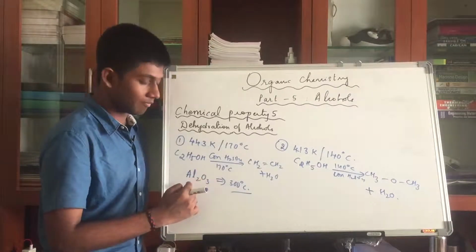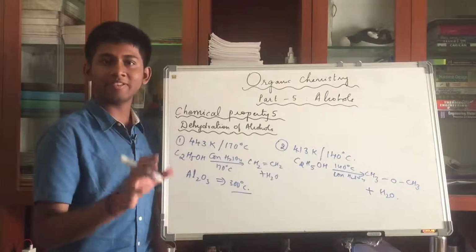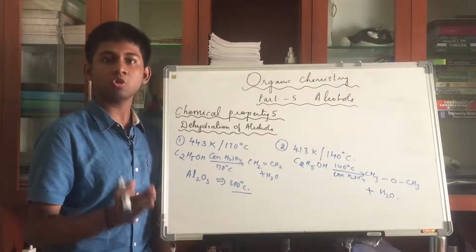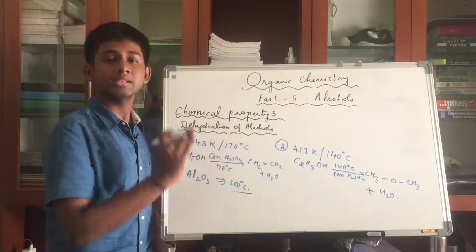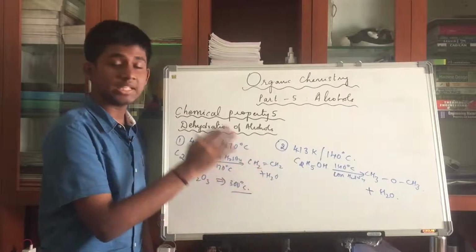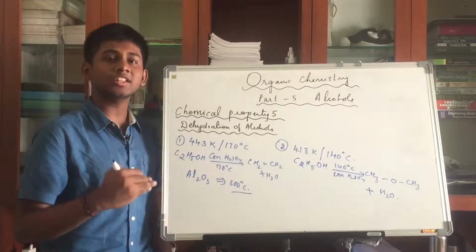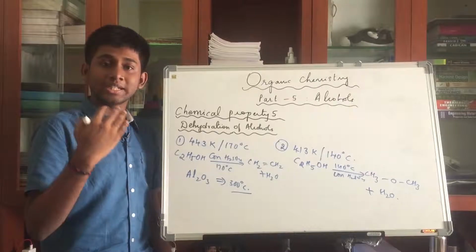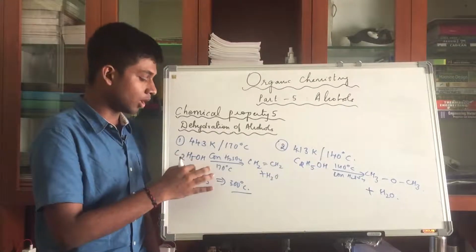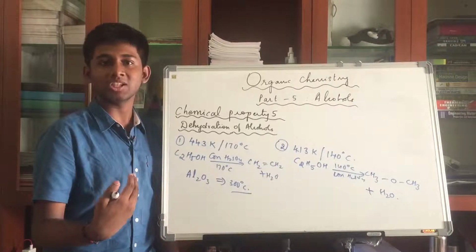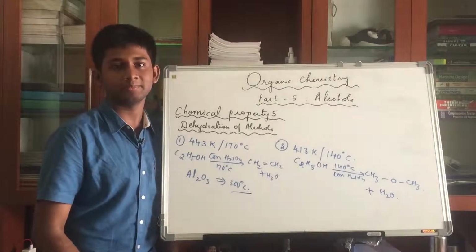Using Al2O3, which is again a very good dehydrating agent, at a temperature of 300 degrees Celsius is another way in which you get CH2=CH2. This is an industrial way of preparing CH2=CH2, and it is yet another way to describe the chemical properties of alcohol. You can use this compound to carry out dehydration and obtain an alkene.